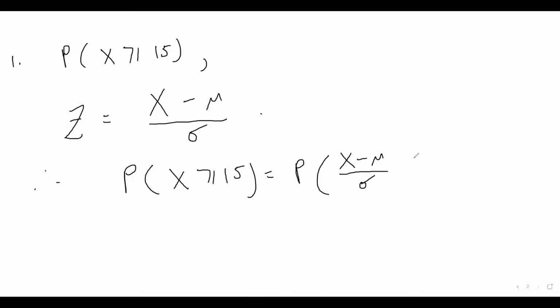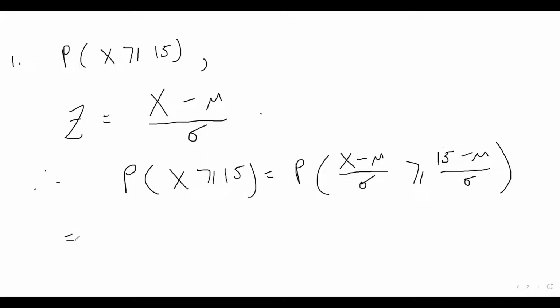And what we do on the left side of the inequality, we also do on the right side of the inequality. So we're also going to go 15 minus mu divided by sigma, and we close the bracket. So the probability that x is at least 15 is equal to the probability that x minus mu over sigma is at least 15 minus mu over sigma.